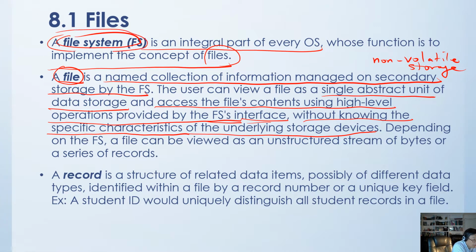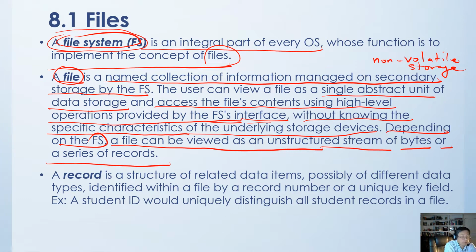It provides an abstract view of the data, called a file. Depending on the type of file system, a file can be viewed as an unstructured string of bytes or a series of records.